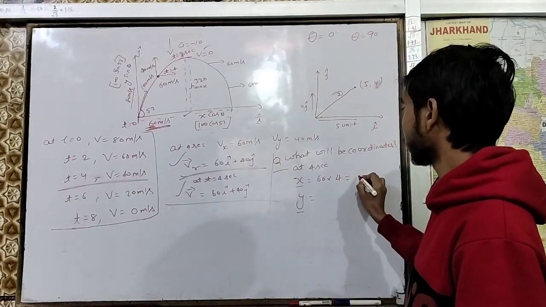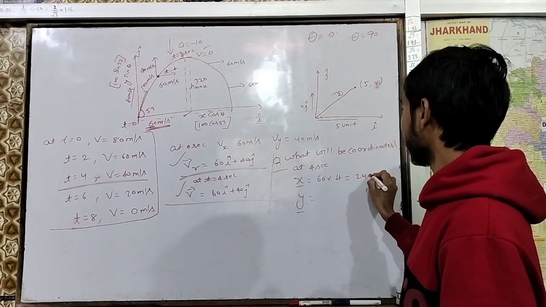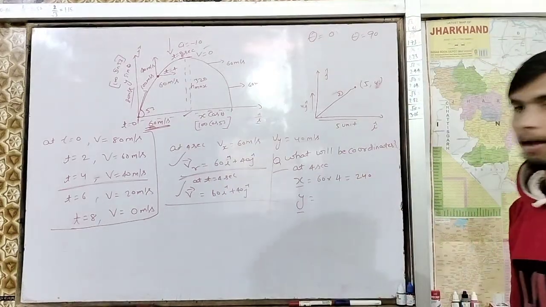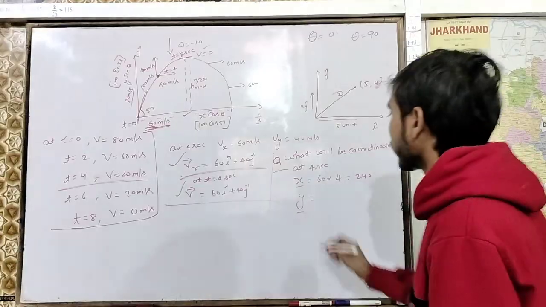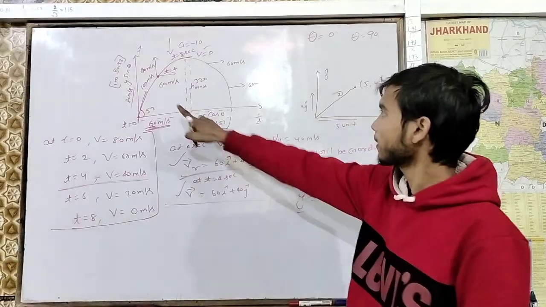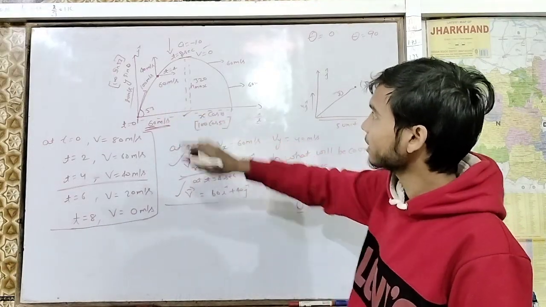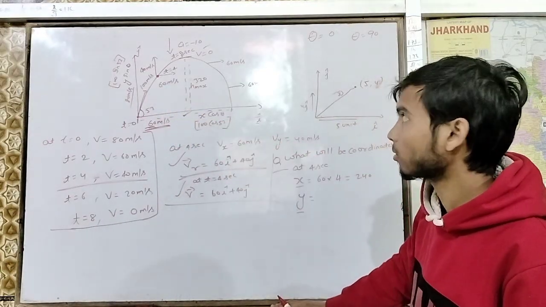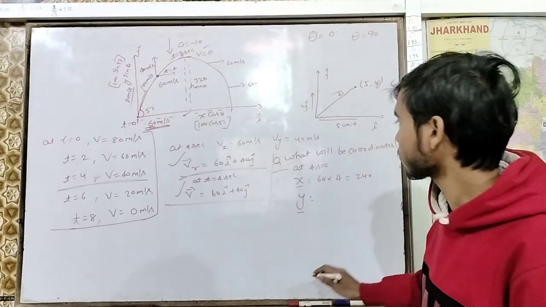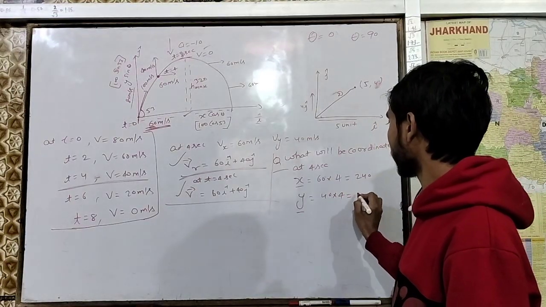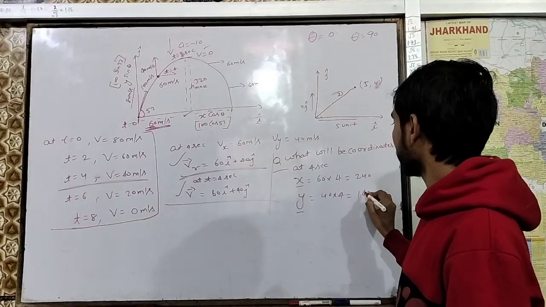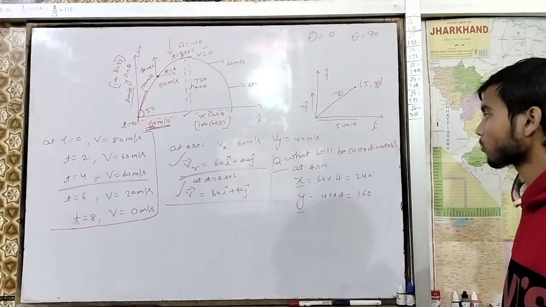This will be your x. Now for y, velocity is 40 and time is 4 seconds. So 40 multiplied by 4 will be your y.